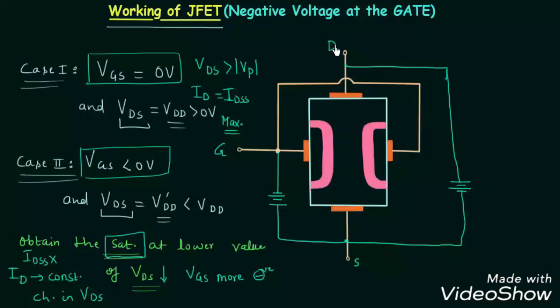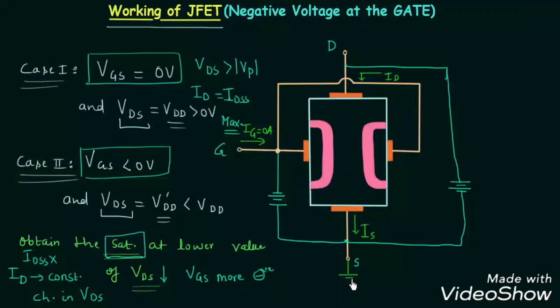This is the drain terminal, and because of this, the width of depletion region will now change, and current ID will flow. The gate current IG will remain 0 amp because of reverse biased PN junction. The source current is having the direction like this. IS is the source current.